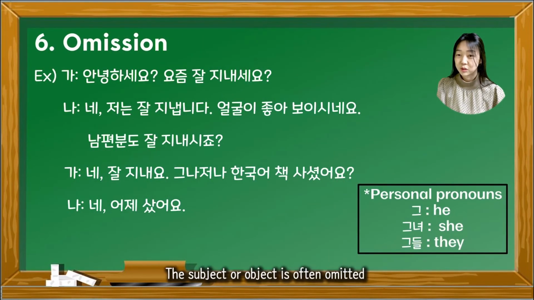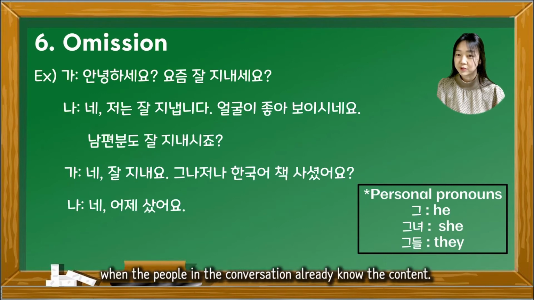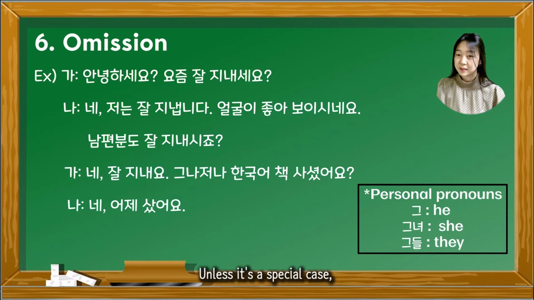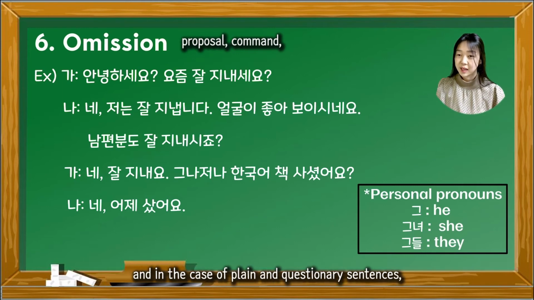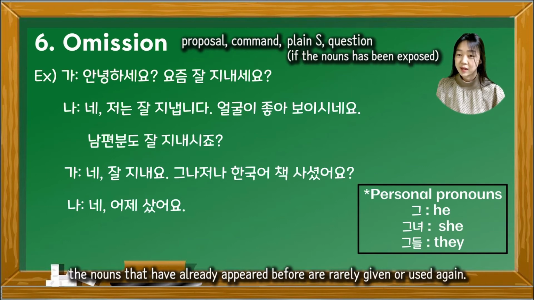The subject or object is often omitted when the people in the conversation already know the content. Unless it's a special case, most of the subjects in the sentences of proposal and command are omitted. And in the case of plain and questionary sentences, the nouns that have already appeared before are rarely used again.